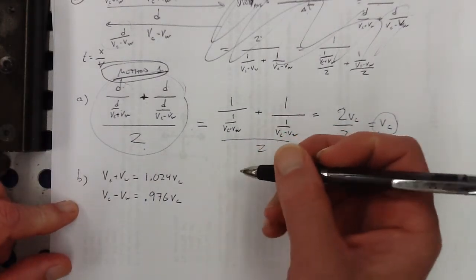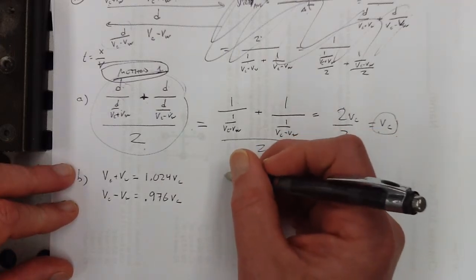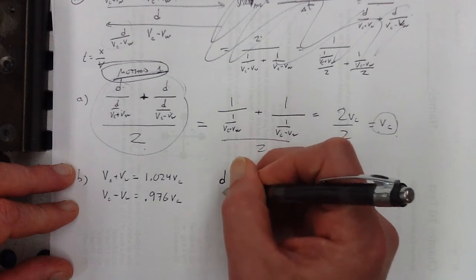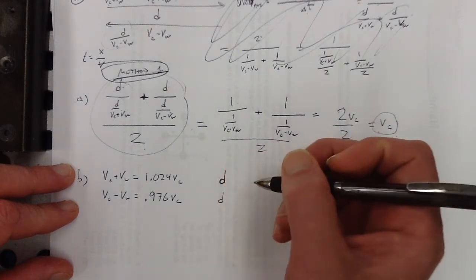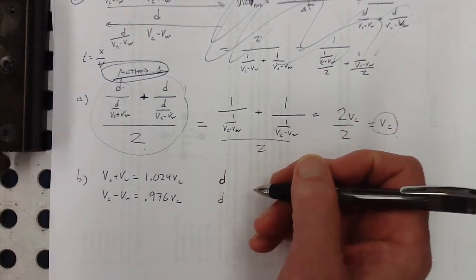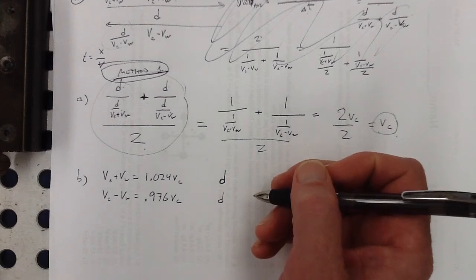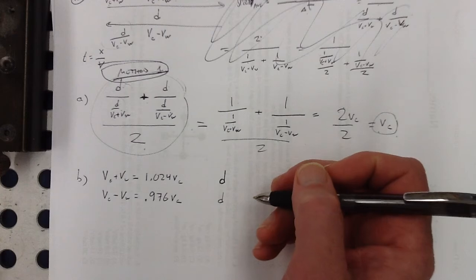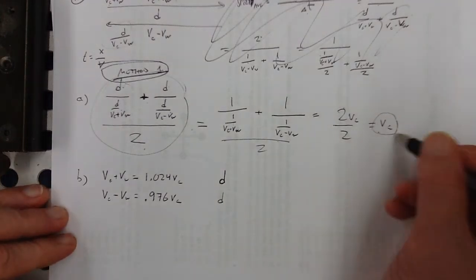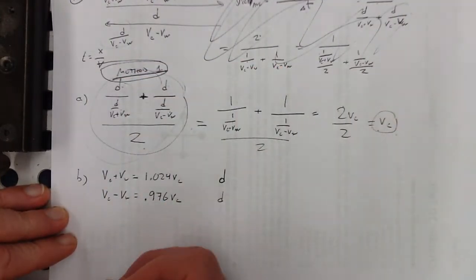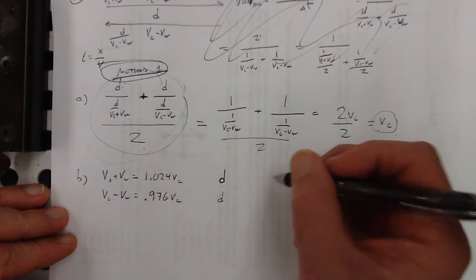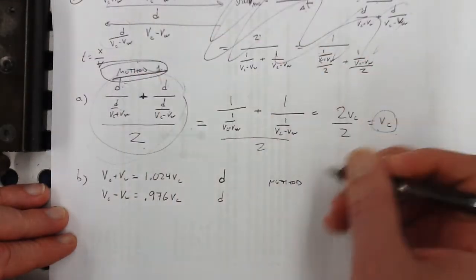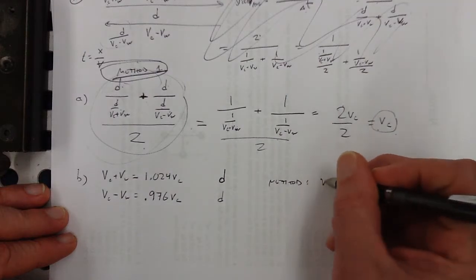So if I need to pick some distance d, they want to know the fractional difference between the VCs. I don't actually have to do this method because I know this method gives the right answer. Method 1 is the correct one and just gives me VC.